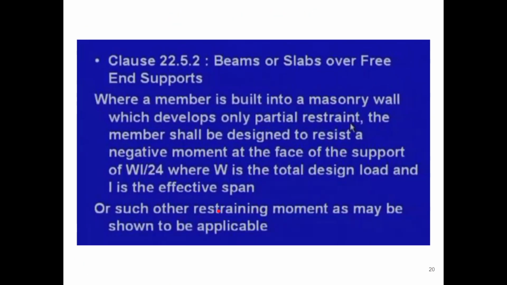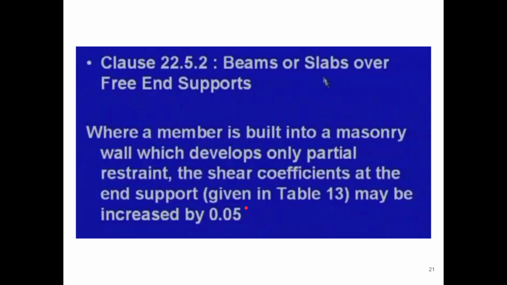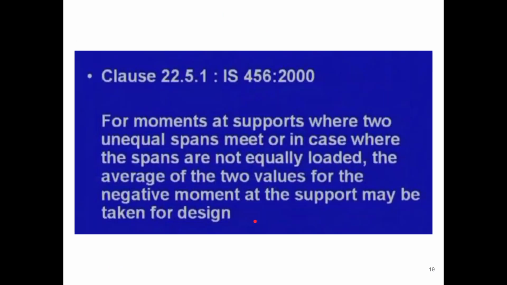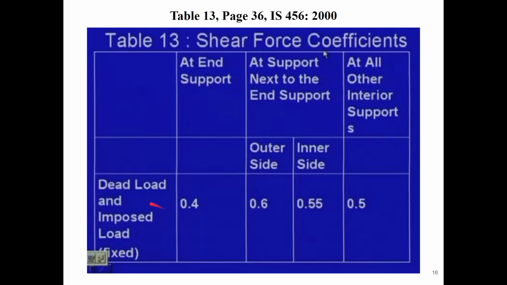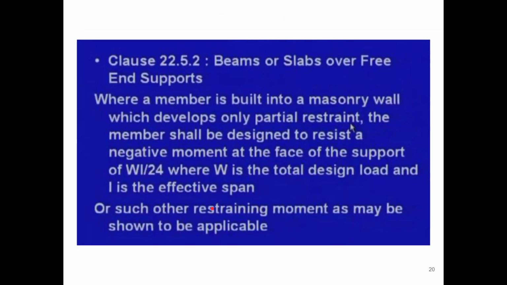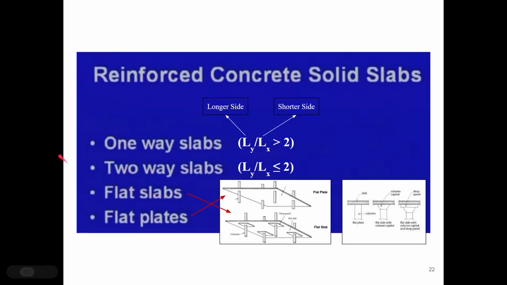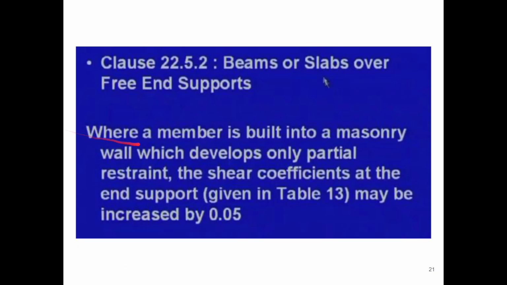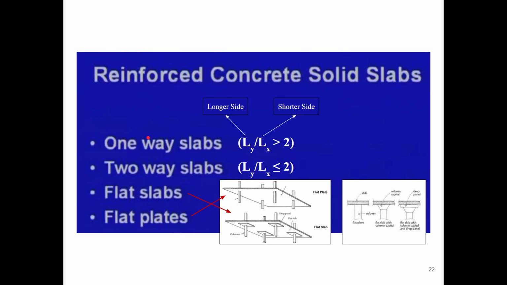Where a member is built into a masonry wall which develops only partial restraint, the shear coefficient at the end support may be increased by 0.05. So we just have to add 0.05 to 0.4 for the masonry wall condition, that is, free end. Those are the shear force coefficients and bending moment coefficients.